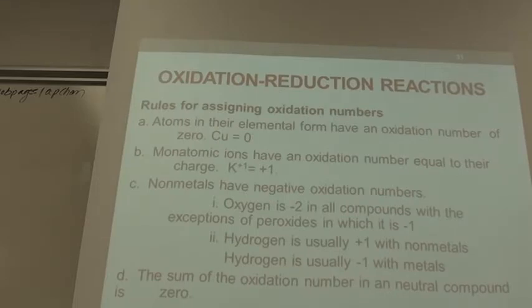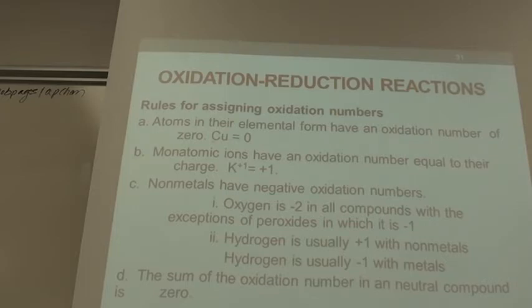All right, there are rules for assigning oxidation numbers. Here's the first rule. Any atom in its elemental form, please look at the periodic table. All the elements on the periodic table are in their elemental form. That means they have an oxidation number of 0.